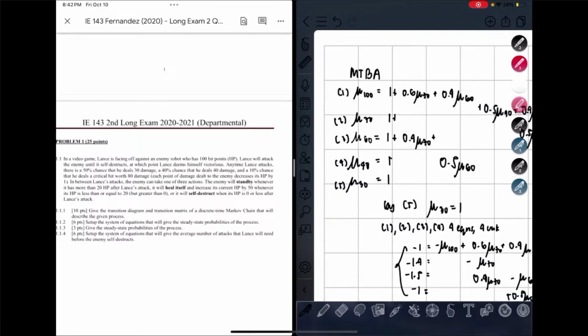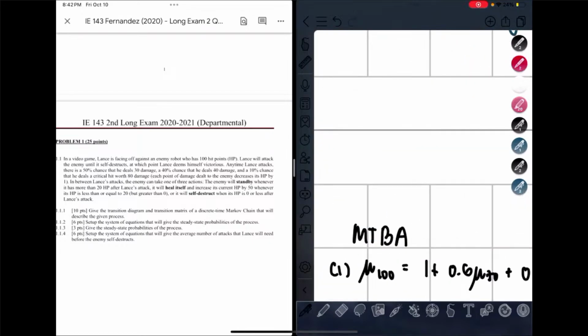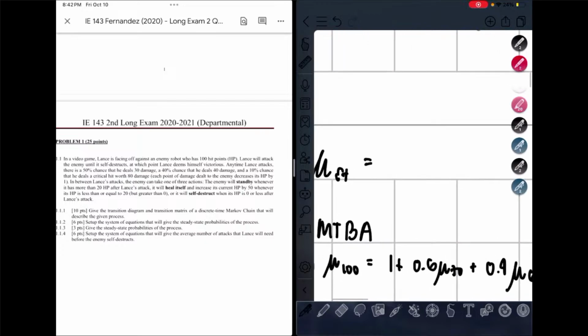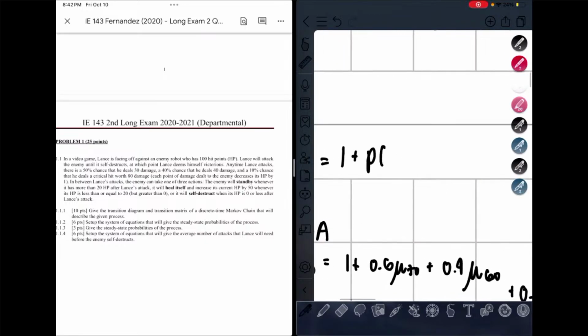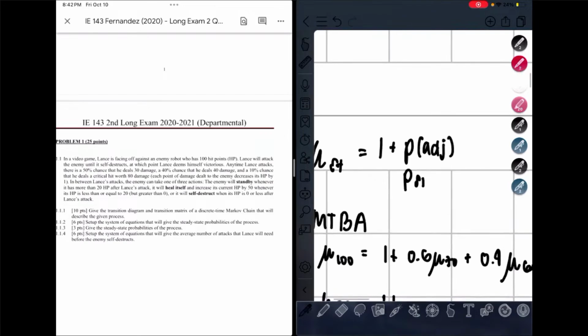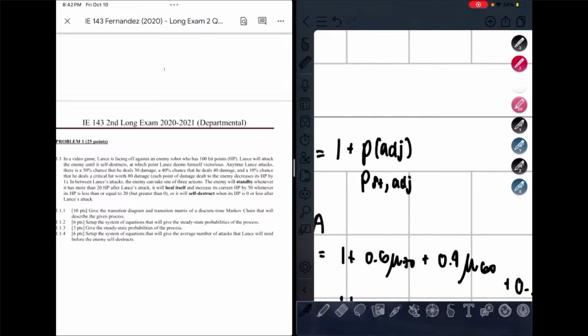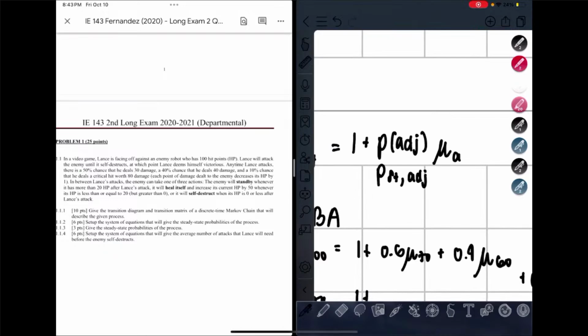So, setting it up accordingly, just recall that the equation for mean time before absorption, for the mean of the starting state, is just 1 plus the probability from the starting state to an adjacent state multiplied by the mean time before absorption of that adjacent state.